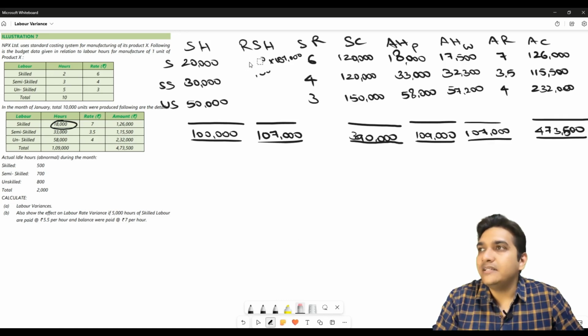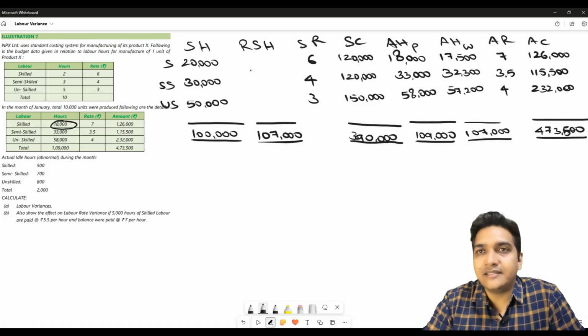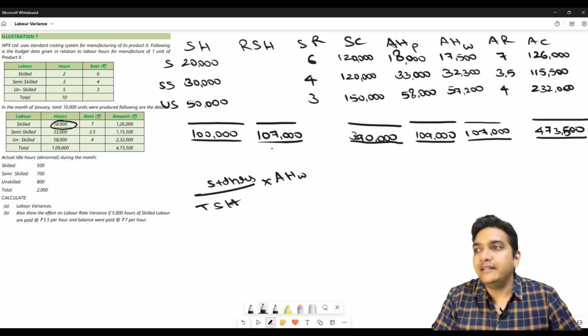What is 20,000? 20,000 is the standard hours for the quantity manufactured. What is 1 lakh? The total standard hours into the actual hours worked. So standard hours divided by total standard hours into actual hours worked. Right? This would be the formula.